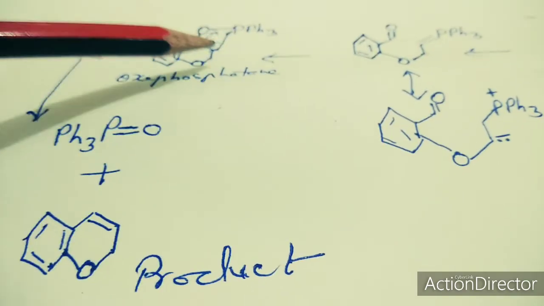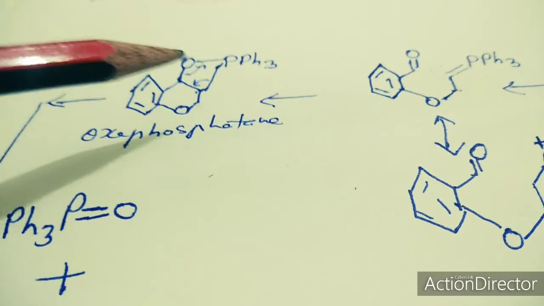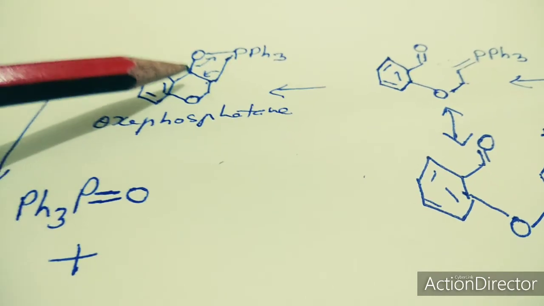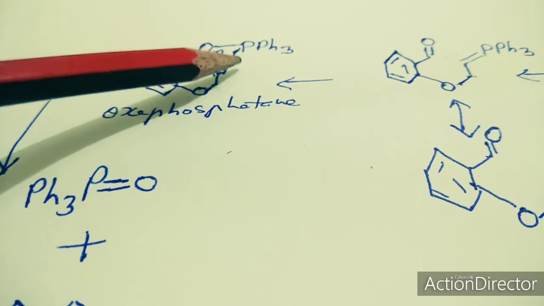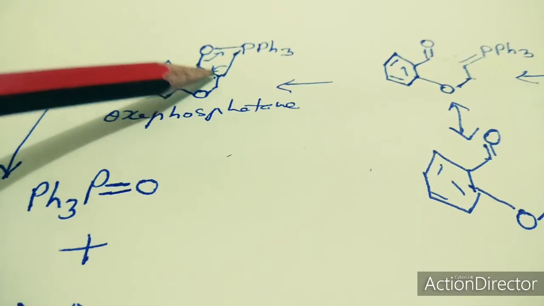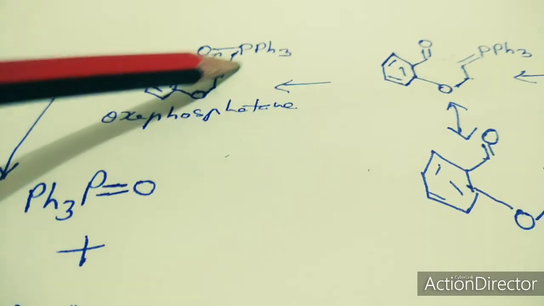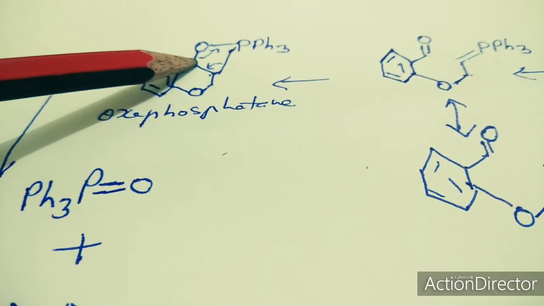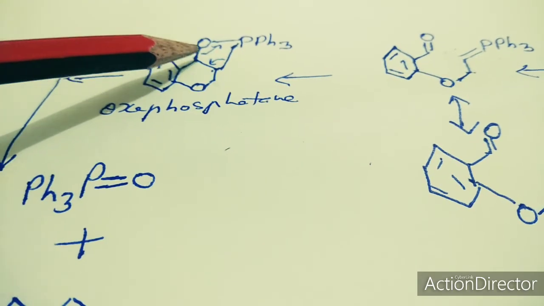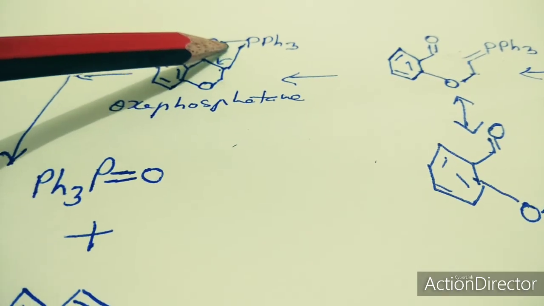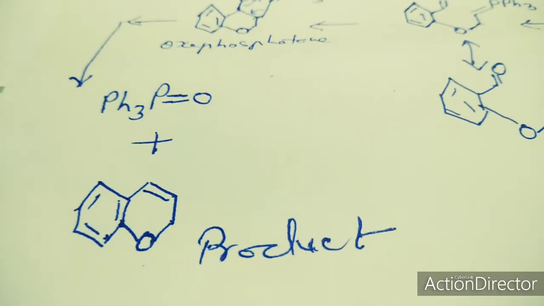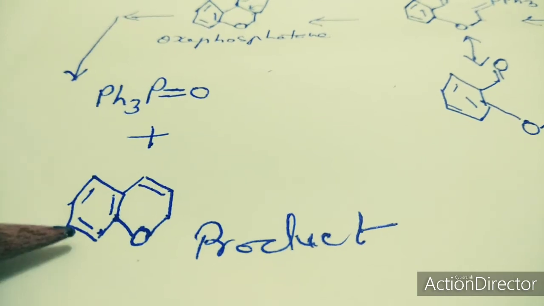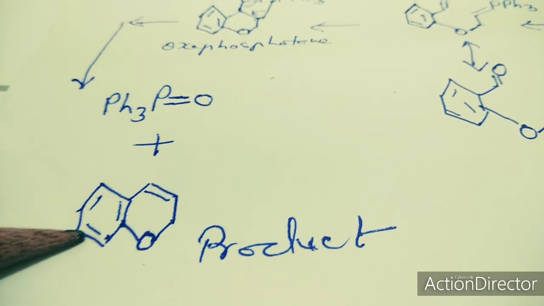First of all, this ring closure will occur, giving Ph3PO, and because this was a double bond over here, it shifted here from the phosphorus, while the oxygen which was attached here, the bond drifted from there to here. So Ph3PO, and at the same time this was the product that has been formed.